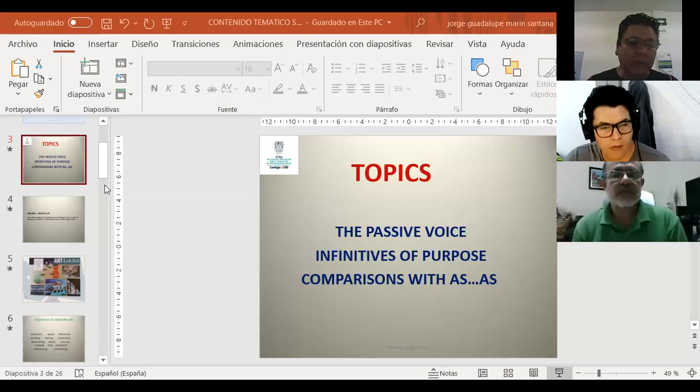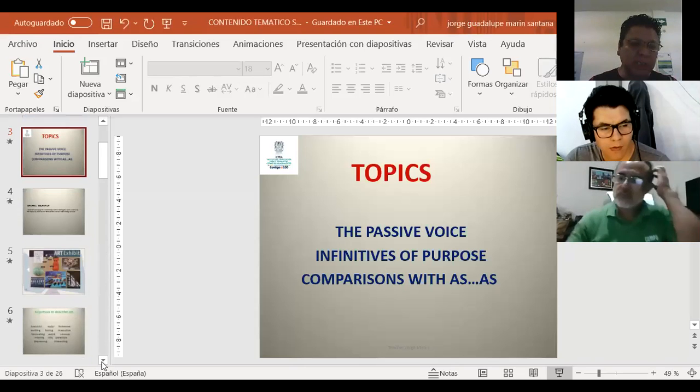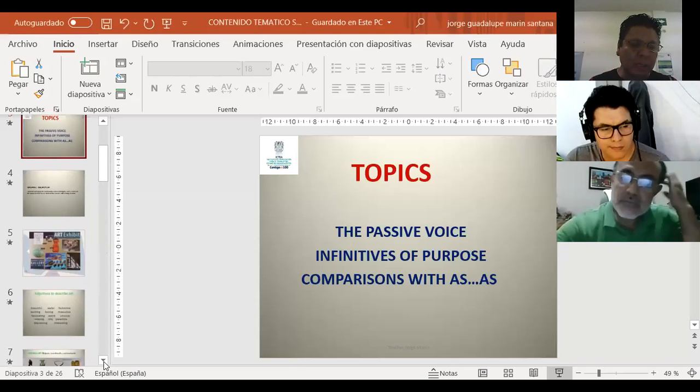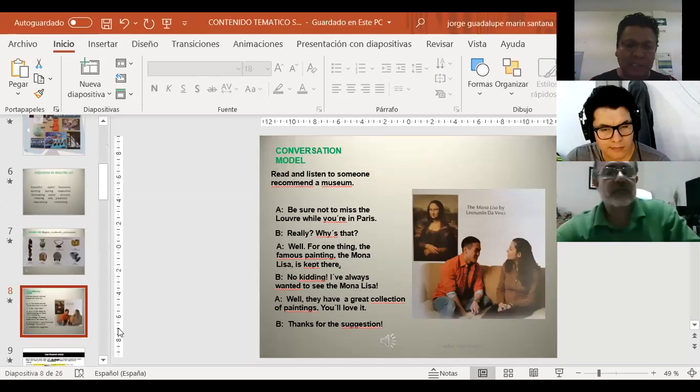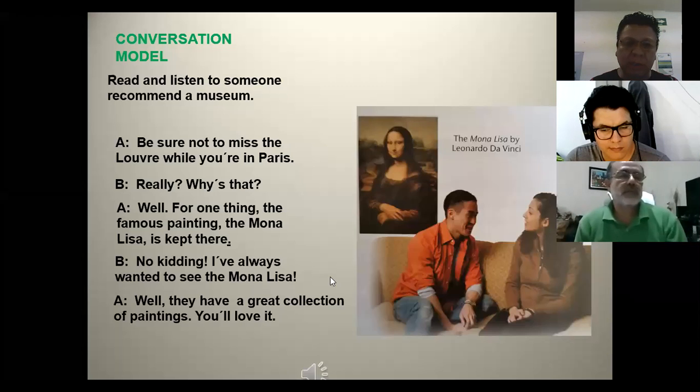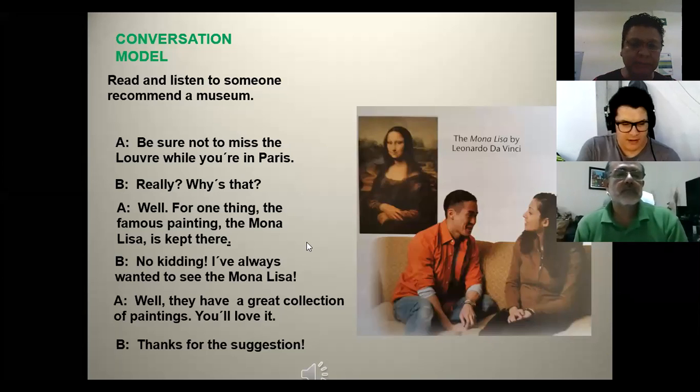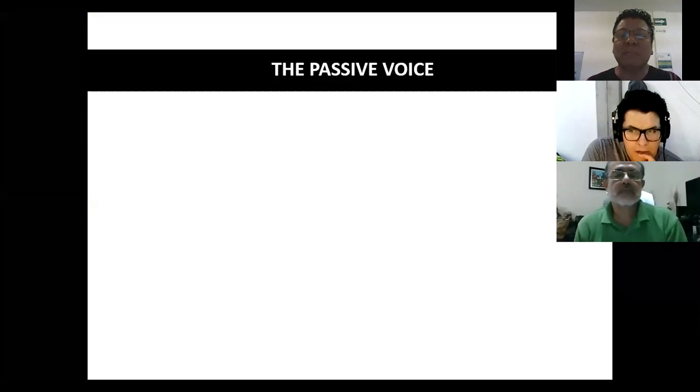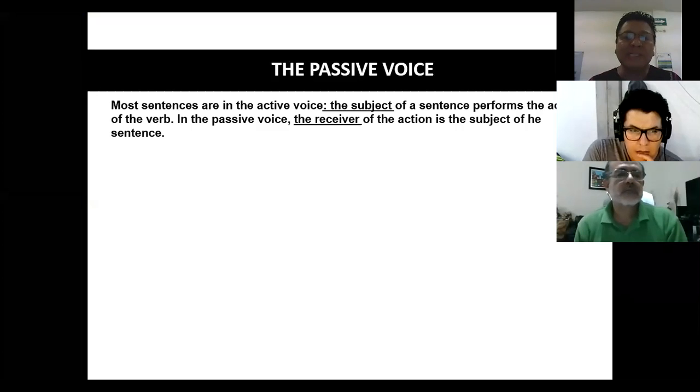Yeah, we listened to this conversation yesterday about someone who recommended a museum. Then page 89, we start with the passive voice. We said that most sentences are in the active voice.